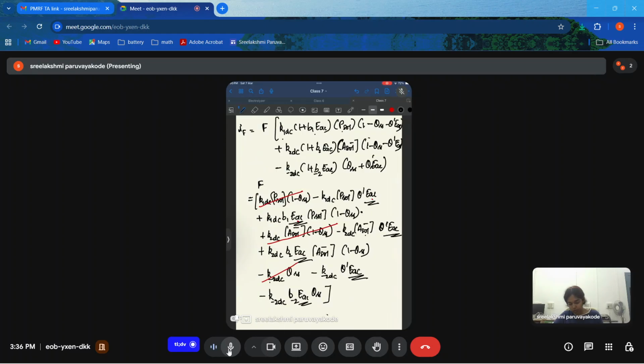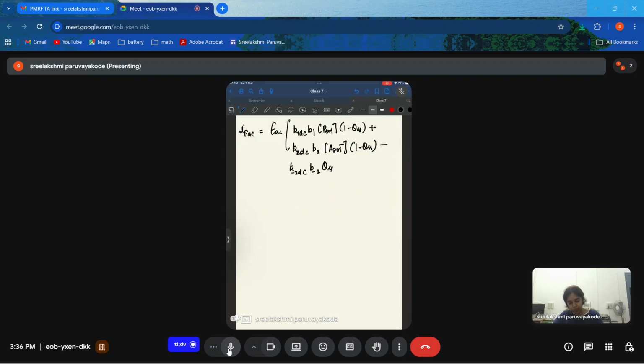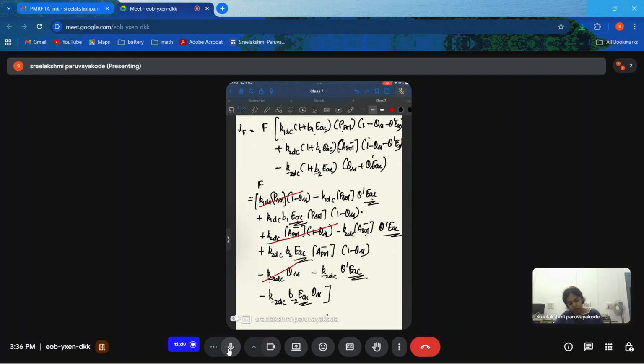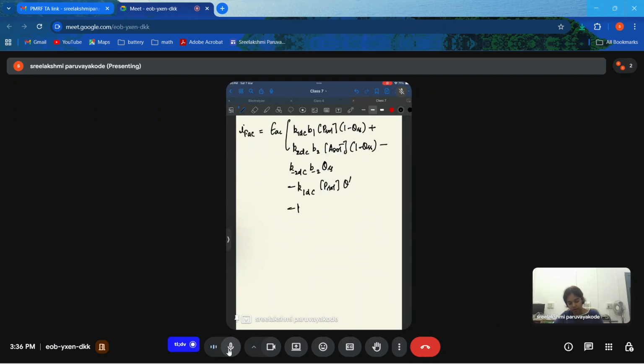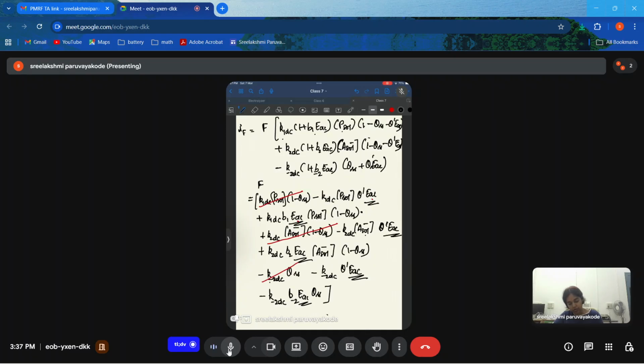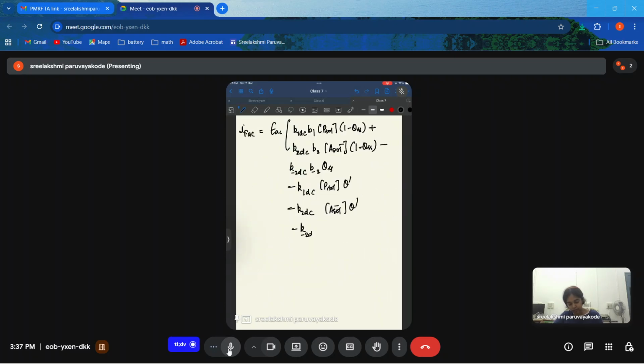Now let me write down all the terms with theta dash. That is the second term, minus K1 DC P solution theta dash. Now, the fifth term has theta dash: minus K2 DC A solution minus theta dash. The second last term also has that.